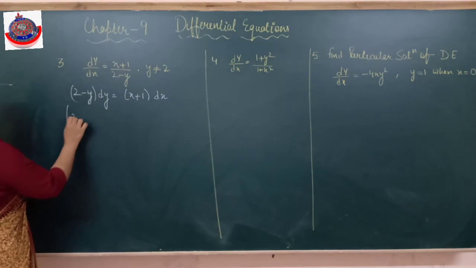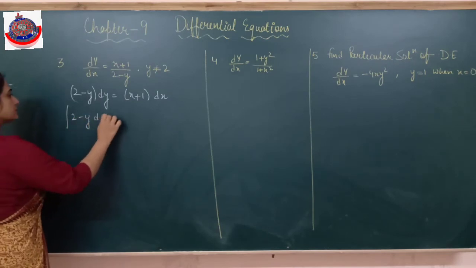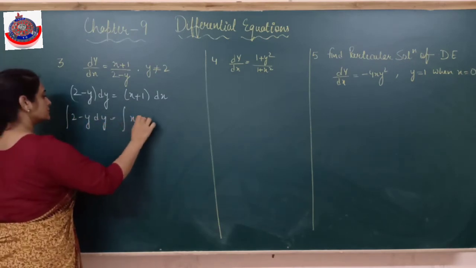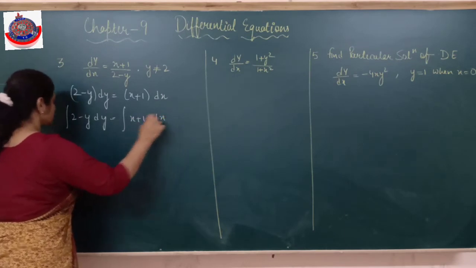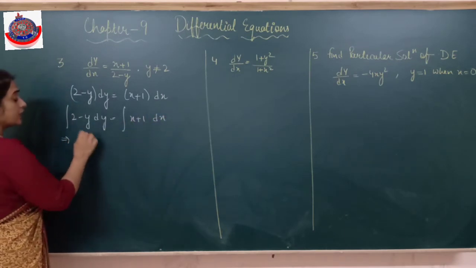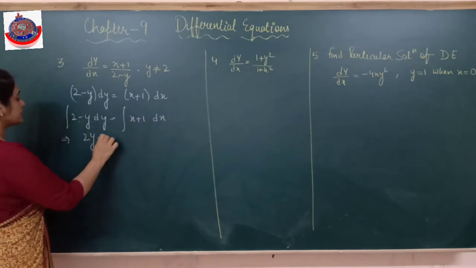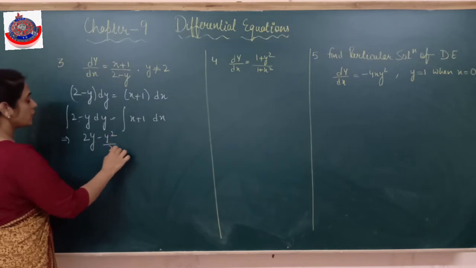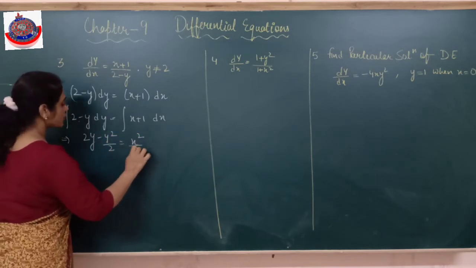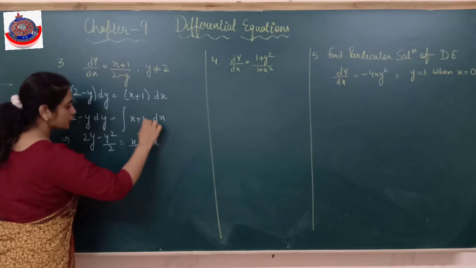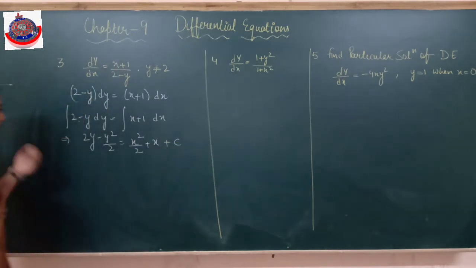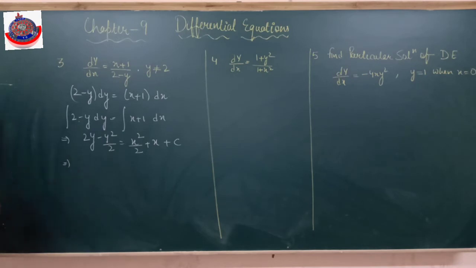So integration. Here integration of 2 minus y, integration of y square by 2. Integration of x square by 2, integration of 1 will be x plus c. There is simplification. Alright, let's take LCM and solve it. We can take LCM and we can solve this equation.